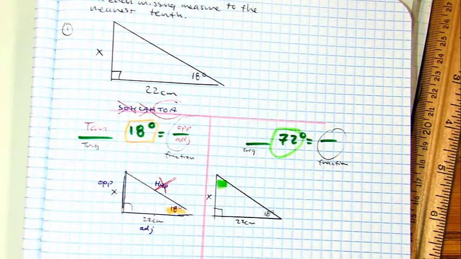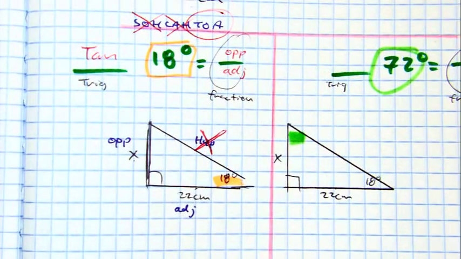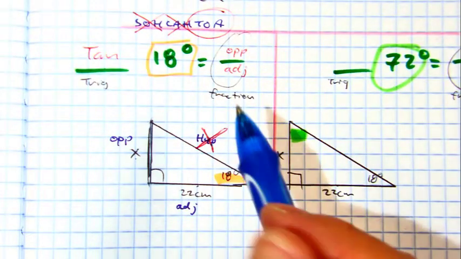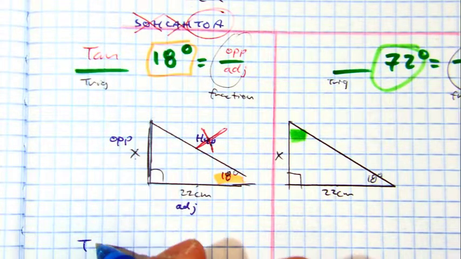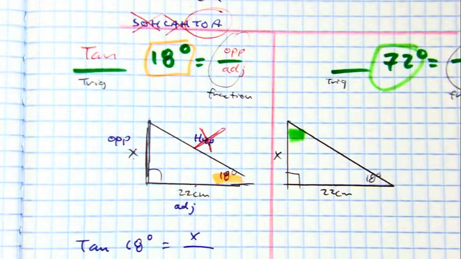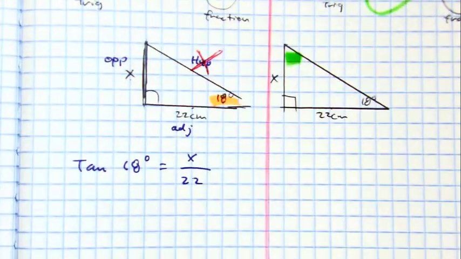Alright, Ronaldo, let's finish this one. What did you put in for your opposite? X. And your adjacent side? 22. And what do you do from there?